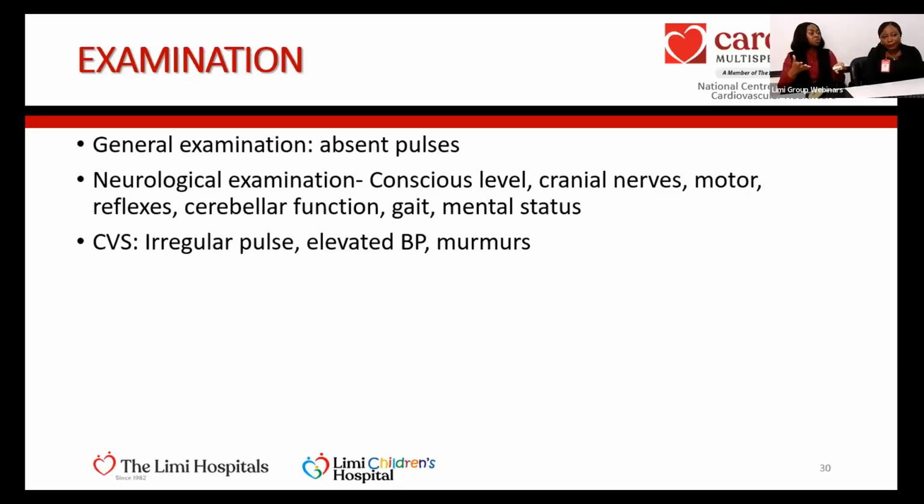And if you hear murmurs on cardiovascular examination, that could point to valvular heart disease, which could also be a risk factor for stroke. So a thorough physical examination, not just limited to these systems, is very, very important to not only diagnose stroke, but also exclude other things that the patient could present with.